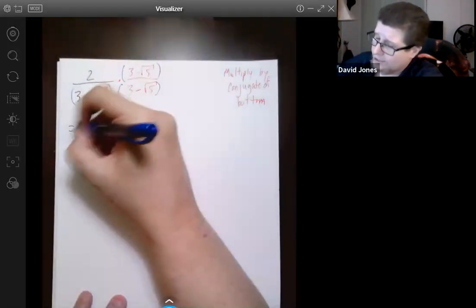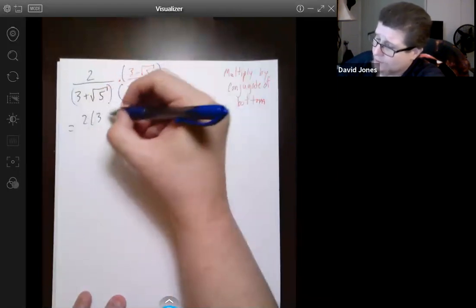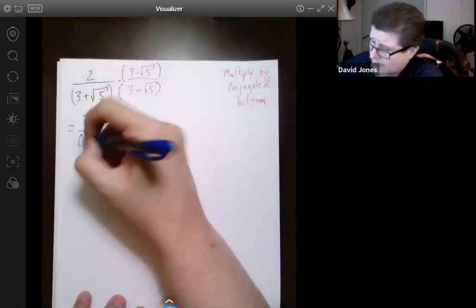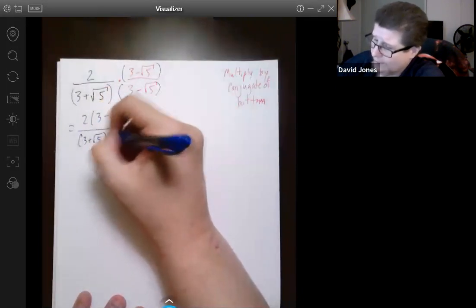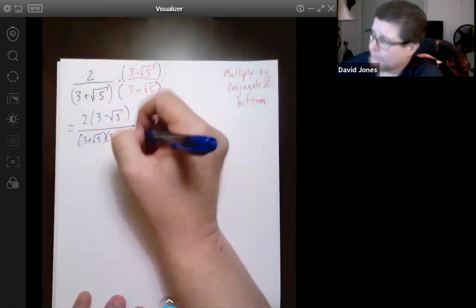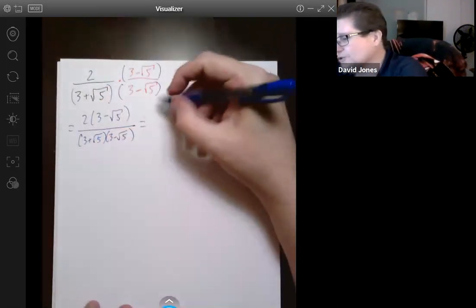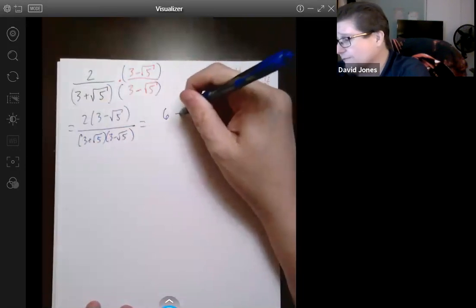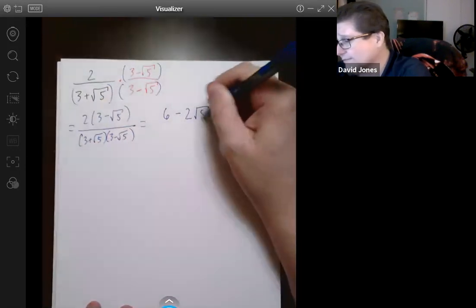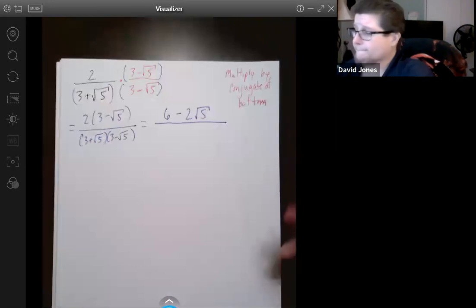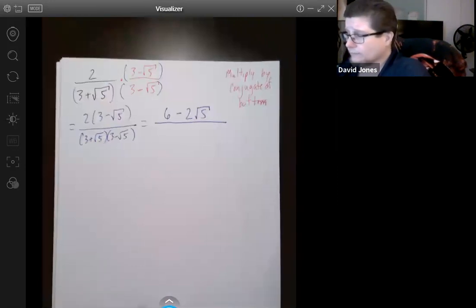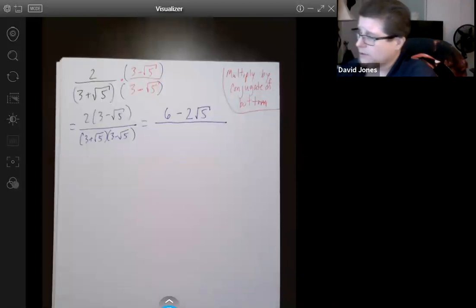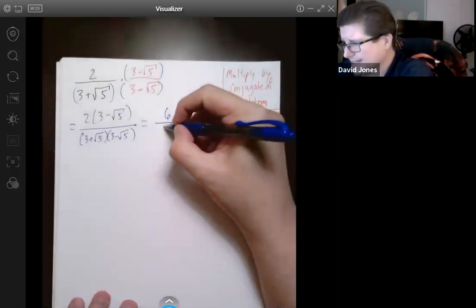So I've got 2 times (3 minus square root of 5) on top. And (3 plus square root of 5)(3 minus square root of 5) on bottom. Distributing, 2 times 3 is 6. And 2 times negative square root of 5 is negative 2 square root of 5. That's the numerator. The denominator, if I distribute, 3 times 3 is 9.